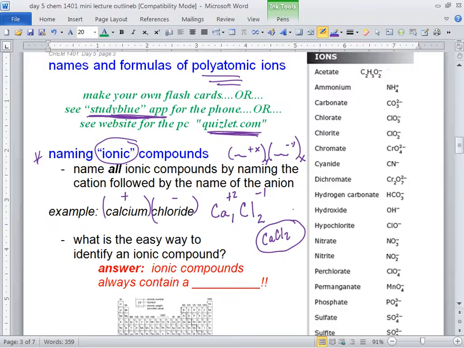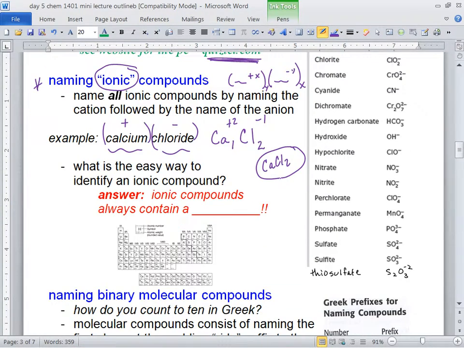So this always works when you have an ionic compound. The positive, the negative, you move the charges around. But how do you know? Because look what's coming up next. A different type of compound. How do you know you have an ionic compound in the first place? Ionic compounds always contain a, ooh, good, metal. Way to go, Stephanie.